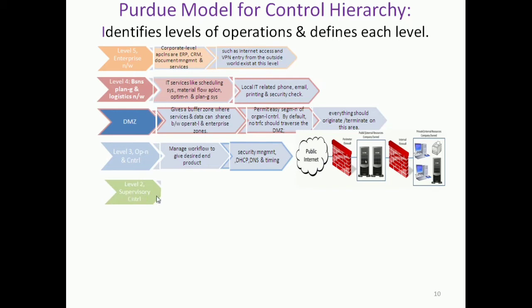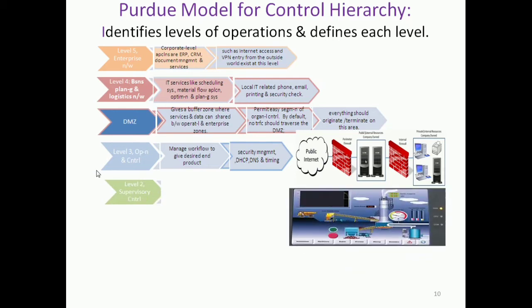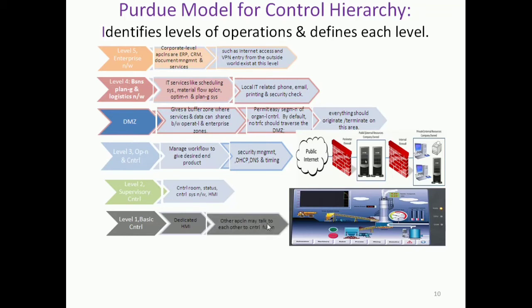Level 2 is supervisory control, where the human machine interface is, related to the industry aspects: the control room, the status, the control system network, and the human machine interface. Coming to level 1, there are basic components, such as a dedicated HMI, so that other applications can talk to each other to control functions.